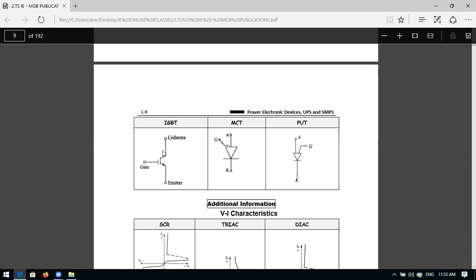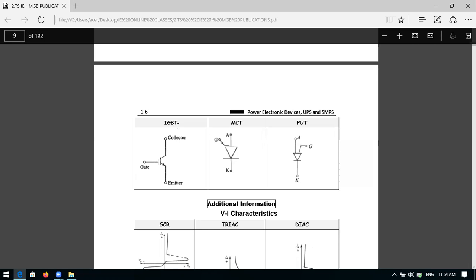So it is a combination of a MOS capacitor as well as the BJT. Very intelligently they are constructed, as a combination of both MOSFET and BJT. It is an advancement in power electronic devices, because the characteristics of both the BJT and the MOSFET are performed by the IGBT.